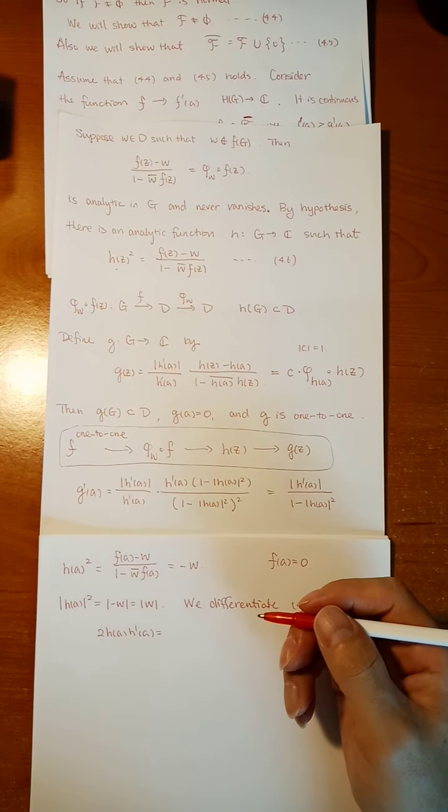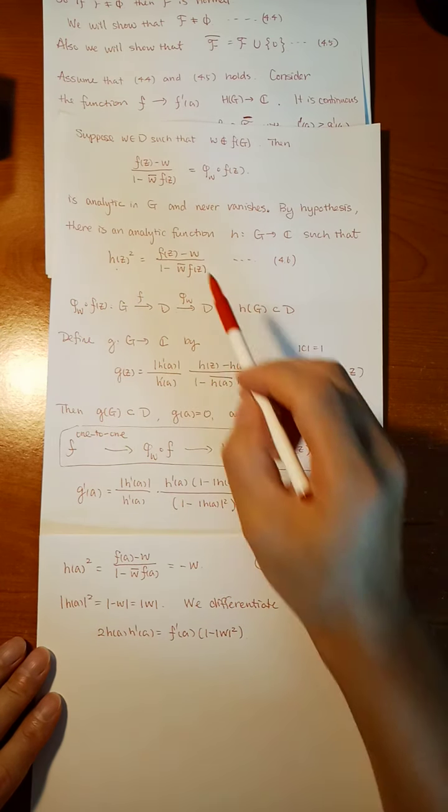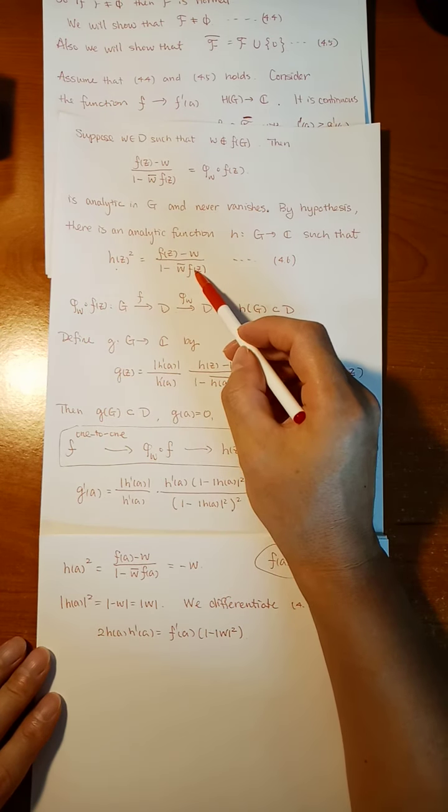I'm not going to do it again, you just try it. Remember that F of A is equal to 0, so you will not see the denominator: W bar times 0 is 0, so the denominator is just 1, always 1.